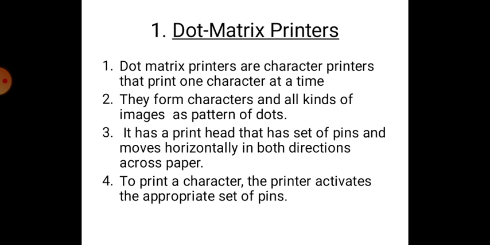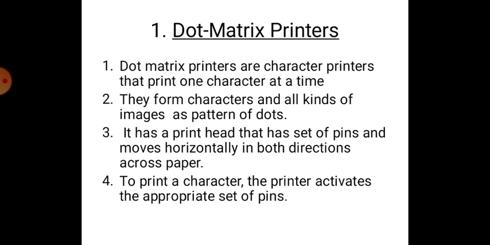You can imagine the matrix to be something like rangoli, where you form different shapes and characters. You first have a matrix of dots and then you cover the appropriate dots to form a particular character or figure. The same concept is adopted here.